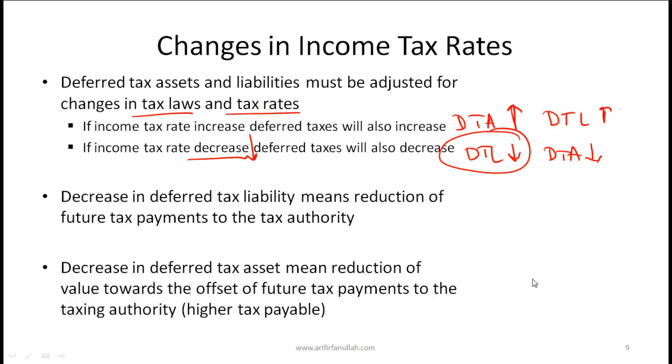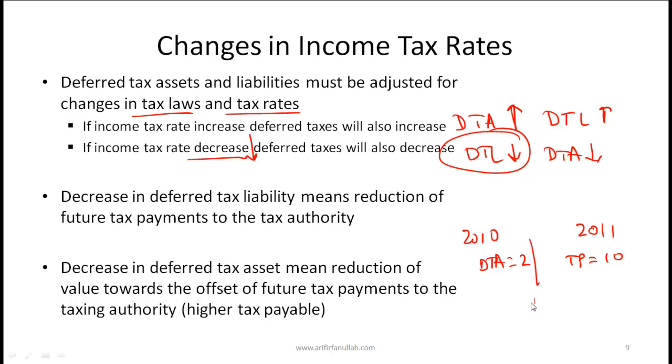The way you can think of it is, let's say you are still in 2010, and towards the end of 2010 you have a deferred tax asset of 2 million, and before any changes in tax rules in 2011 you are expecting a tax payable of 10 million, and this tax payable currently has nothing to do with the deferred tax asset.